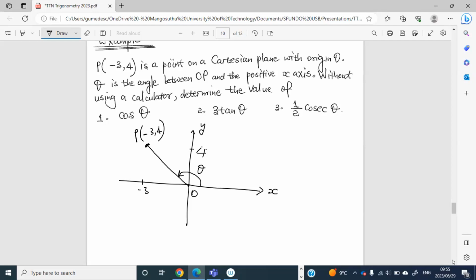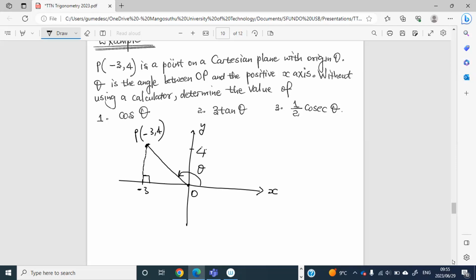You extend your right angle triangle to the nearest x-axis, here on the negative side, and create your right angle triangle. What you know is that this side here is 3 in length, because x is -3, and this side here is 4, because y is 4.